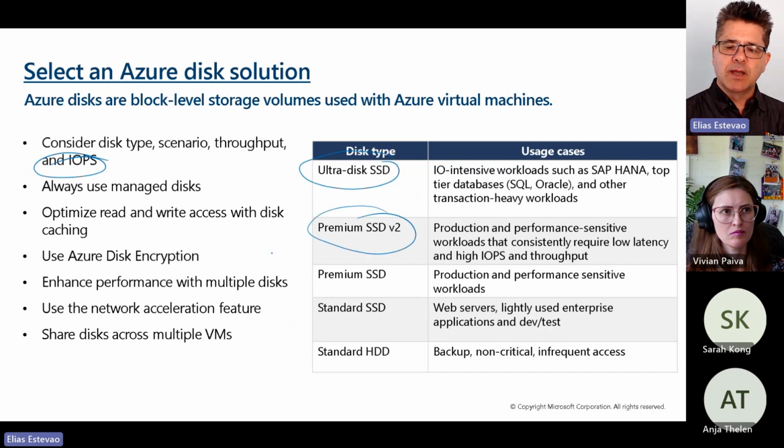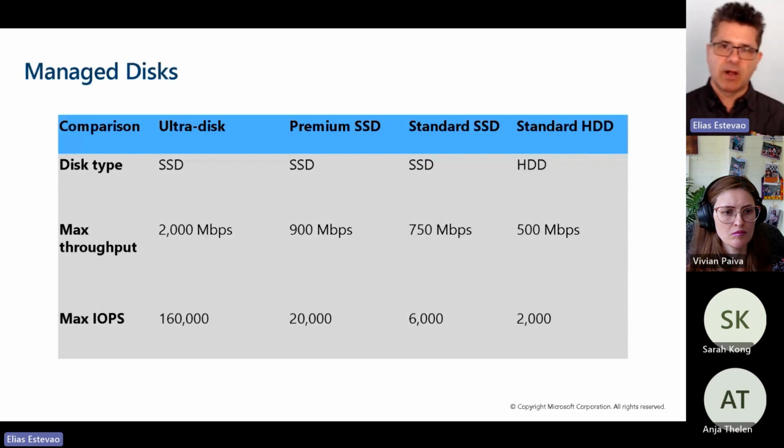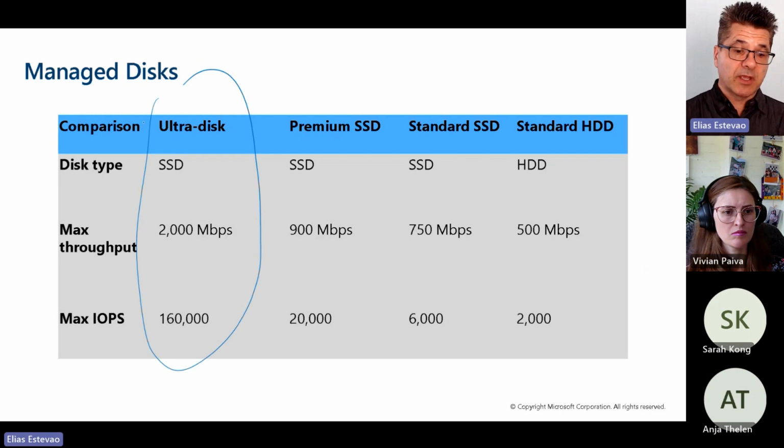A Premium SSD V2. This is the newest version that we have. Great IOPS on that. Premium SSD, that we already use regularly. The standard SSD, and then of course the HDD. Of course, there are speed considerations amongst all of these disks as well, right? So if I'm talking about the Ultra disk, which I like, 2000 megabits per second, 160,000 IOPS.